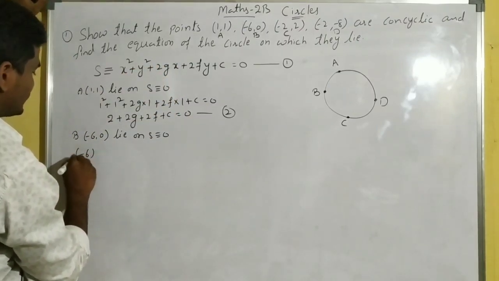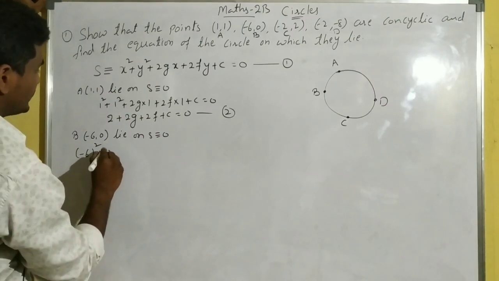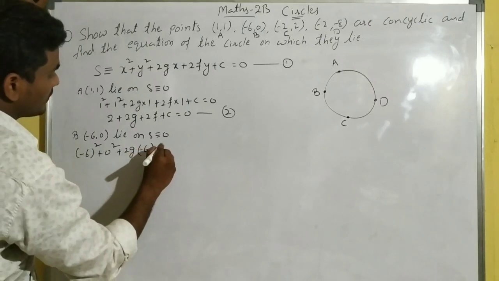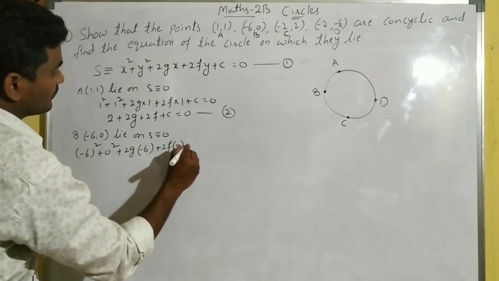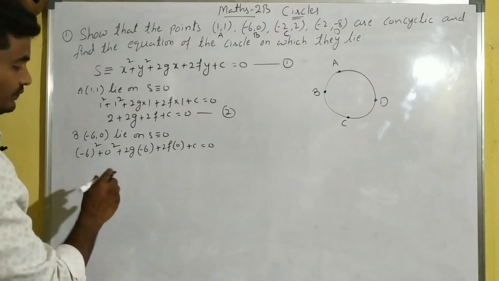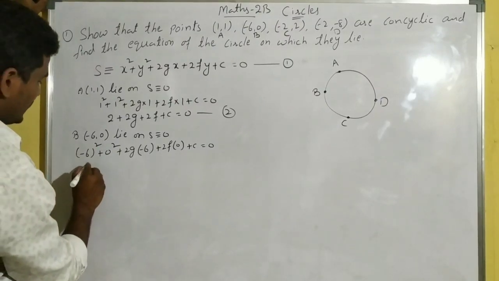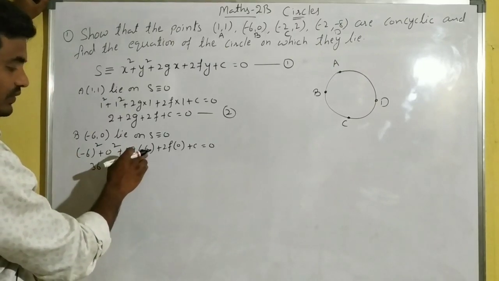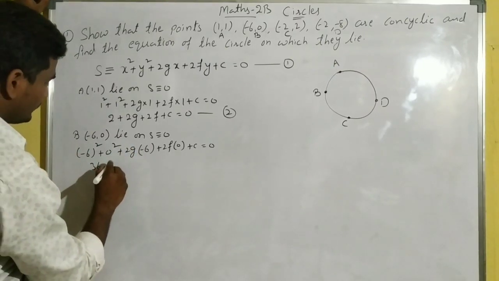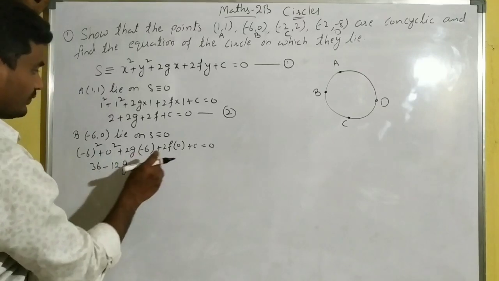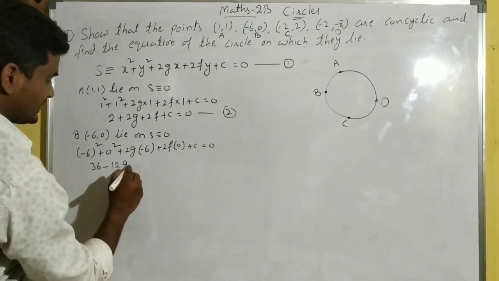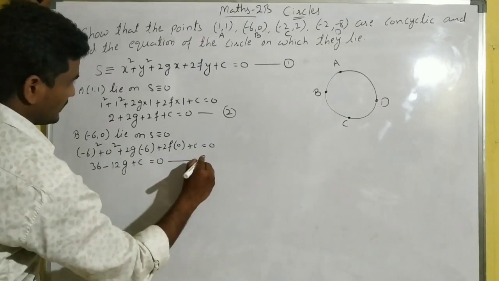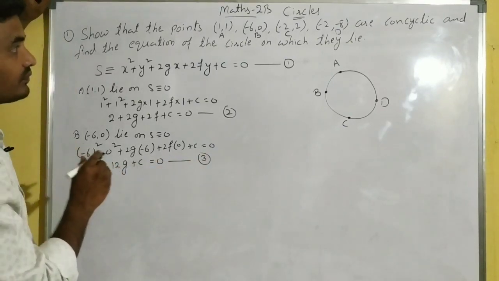That means (-6) whole square plus 0 square plus 2g of (-6) plus 2f of 0 plus c equals 0. 6 square is 36, 0 square is 0 only. 2 times 6 equals minus 12g, and this becomes 0, and this is plus c equals 0. This is the third equation.